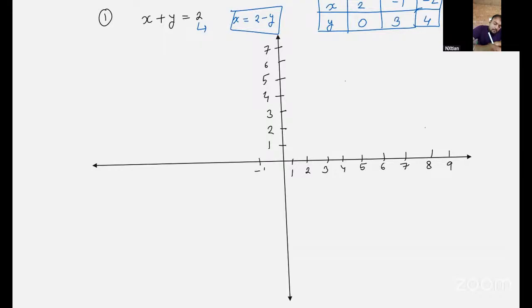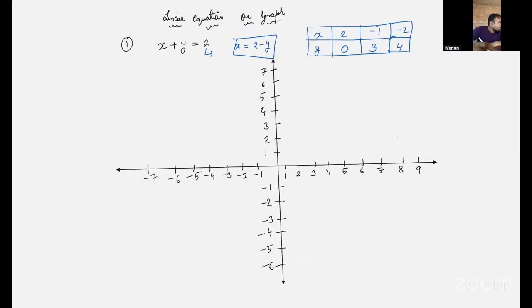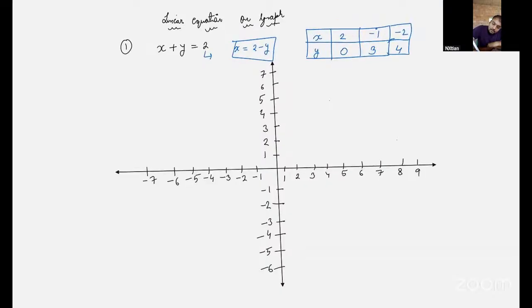This is -1, -2, -3, -4, -5, -6, -7. This is -1, -2, -3, -4, -5, and then 1. So we got this. Now this is the x-axis that we learned yesterday. This is x. This is -x. This is y. And this is -y.